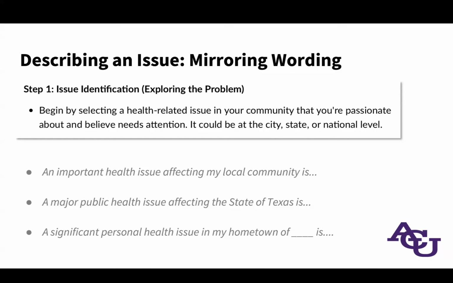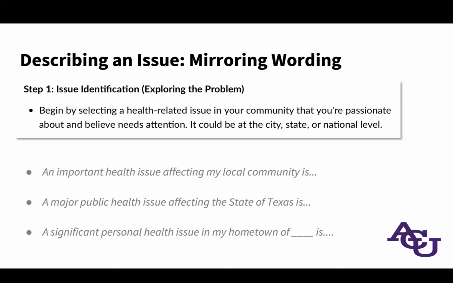So as an example, I lived in the city of Beaverton, Oregon. I can say, oh, a significant personal health issue in my hometown of Beaverton, Oregon is the increasing isolation of elderly residents who develop severe depression.